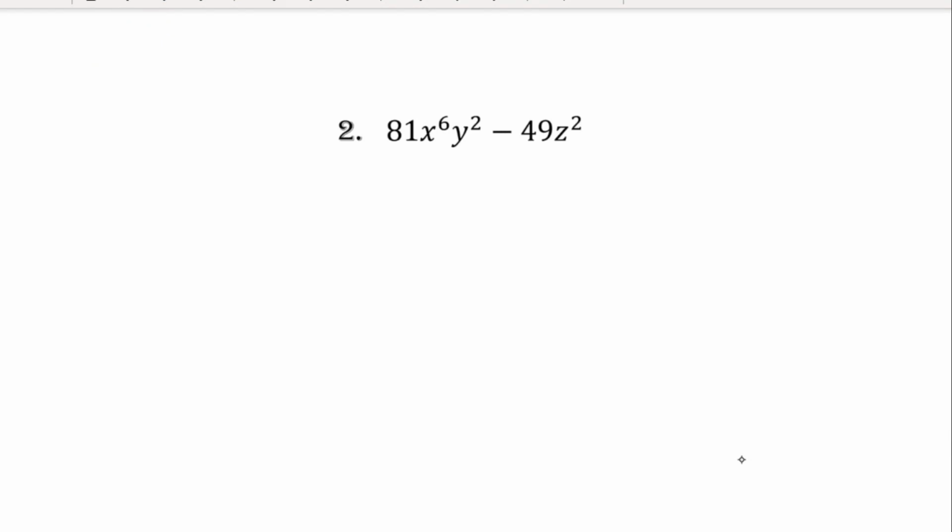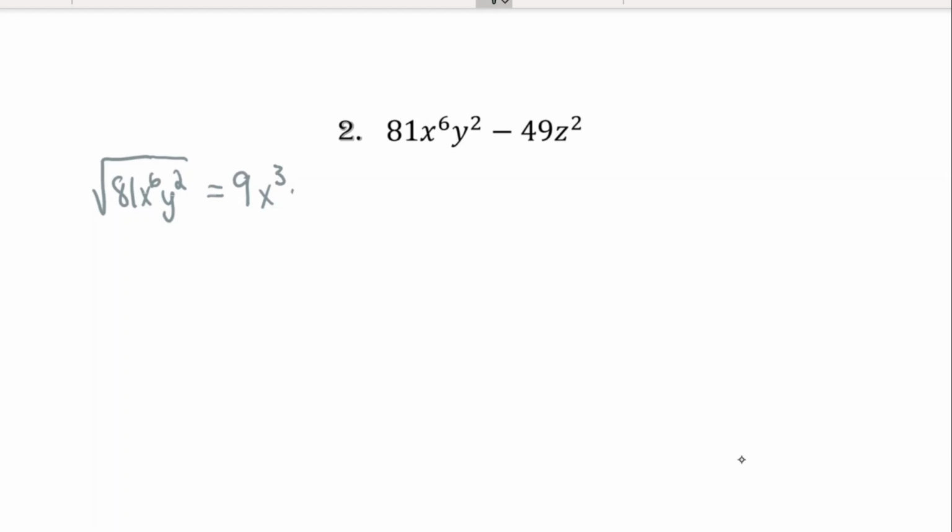All right, in this next example, I see that I have two terms. I have subtraction. Now I need to think about, am I able to square root each of them? So I've got 81 x to the power 6, y to the power 2. If I square root that, the square root of 81 is 9. The square root of x to the power 6, all you do is in your exponent you go 6 divided by 2, and then you get 3.